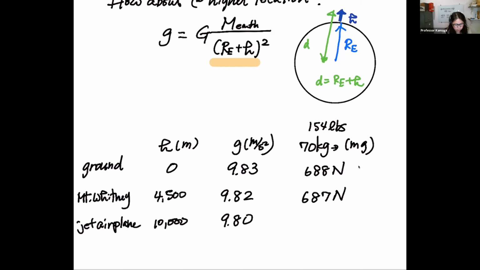The radius of the Earth is 6.365 times 10 to the 6 meters. Compared to that, 10,000 isn't much. Therefore, in an airplane, maybe you have 2 Newtons less.